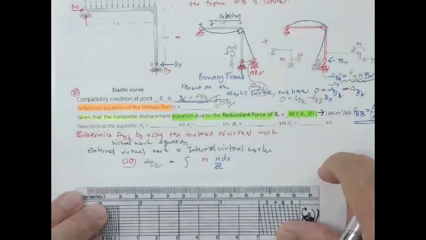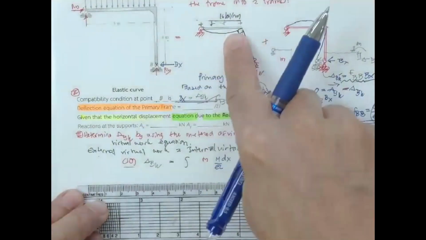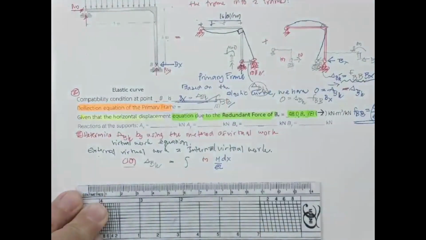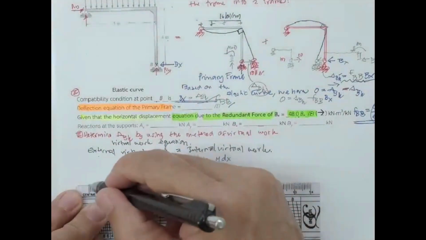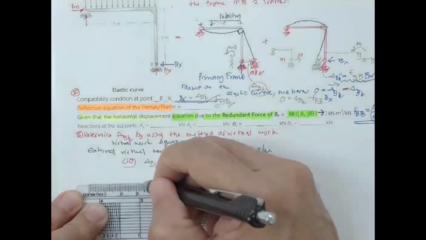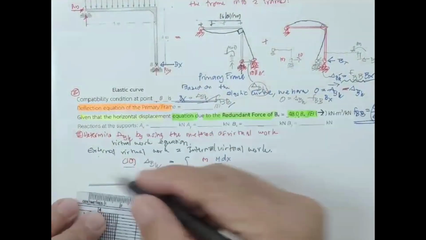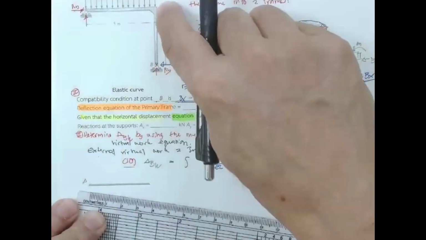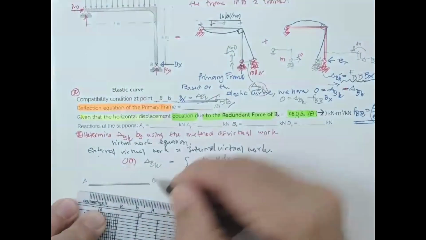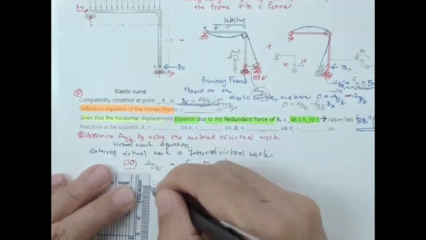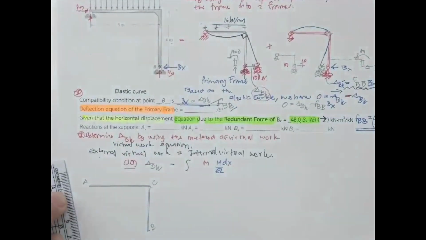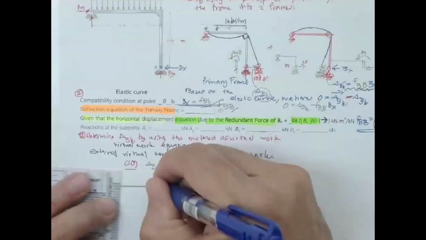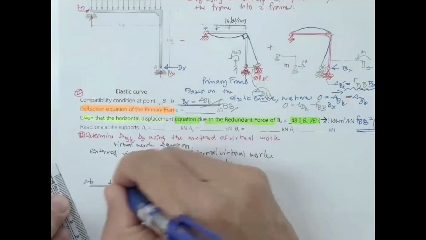Let me put this one for capital M. The first one, let me put it 5 meter, a bit bigger, like this. This is going to be A, and this is going to be C. And over here, this one is going to be point B. Under the application of 16 kilonewton, you have to determine the reactions again.